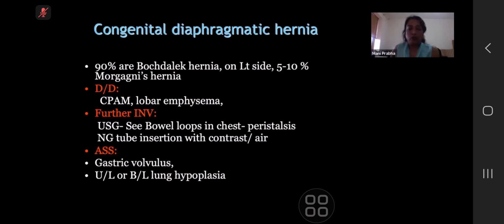The differential diagnosis you should consider is CPAM and lobar emphysema. Further investigations are ultrasound, showing bowel loops in the chest with peristalsis, and NG tube insertion with contrast or air. These can be associated with gastric volvulus and unilateral or bilateral lung hypoplasia.